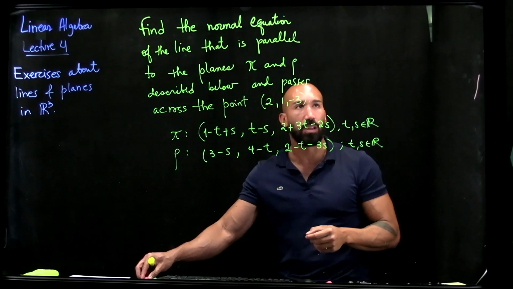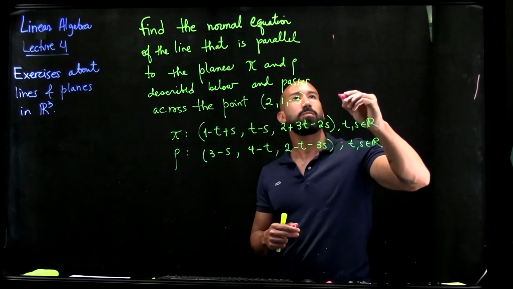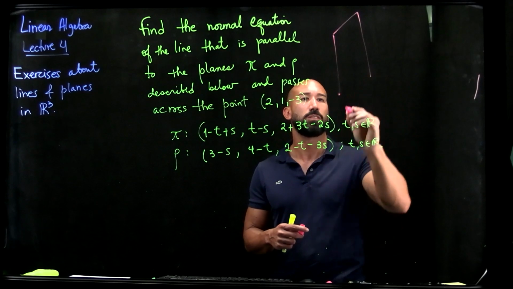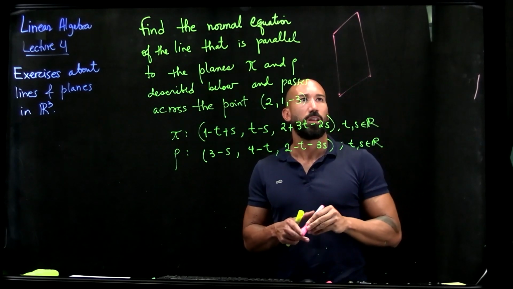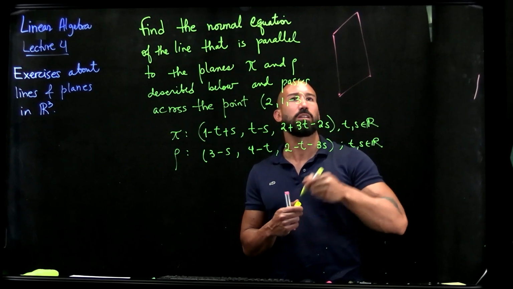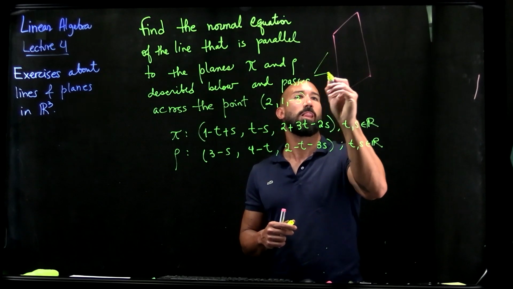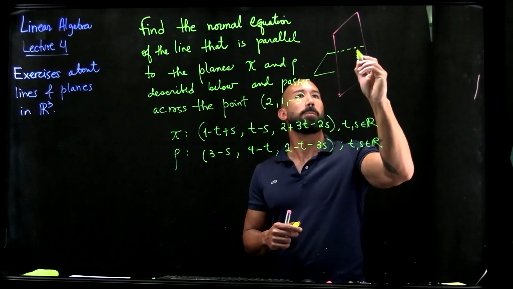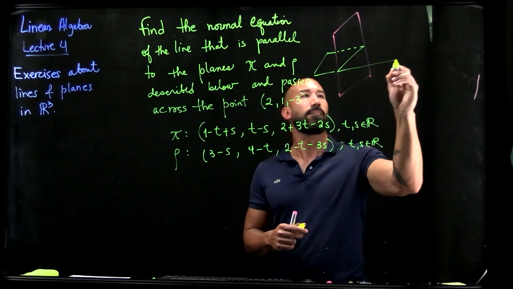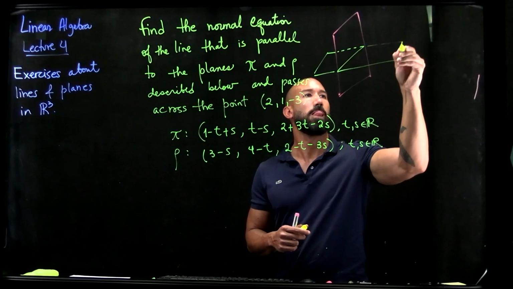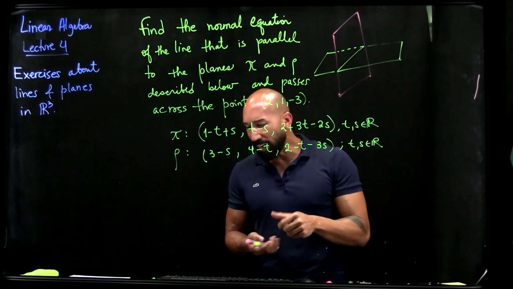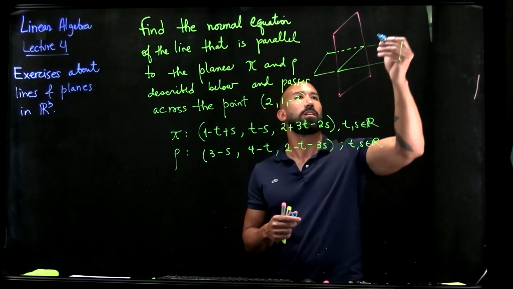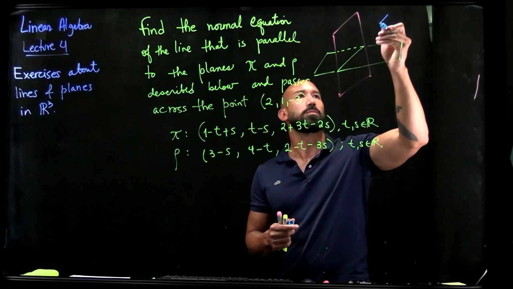So we have a first plane here. We have a second plane here. And we have a line that is parallel to these two planes. So I can put it here, for example.